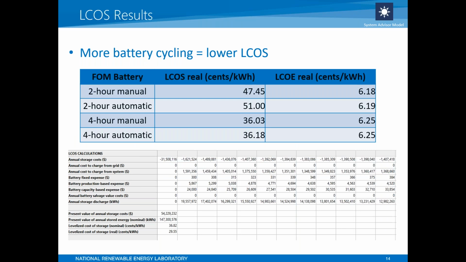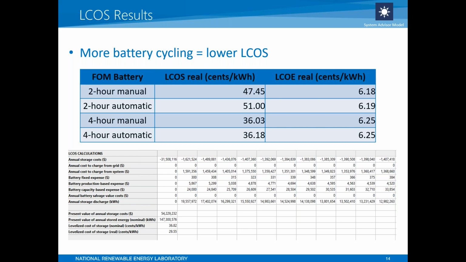Some quick results to give you an idea of what this metric could look like. We have 4 different utility scale batteries here, 2 with a manual dispatch schedule aiming to charge during the day and discharge from the high price times of 4 p.m. to 11 p.m., and an automatic look ahead schedule aiming to maximize revenue regardless of how much the battery cycles.